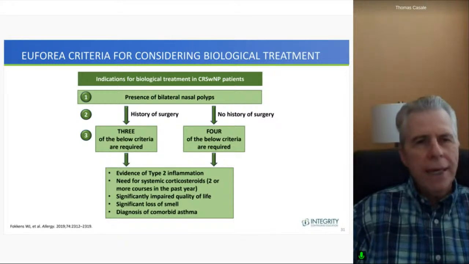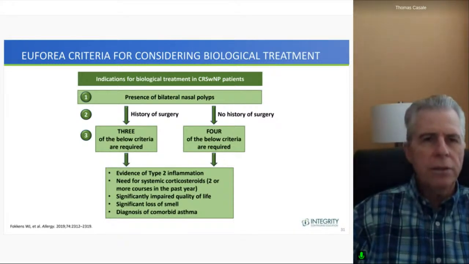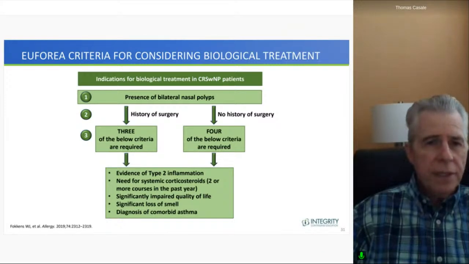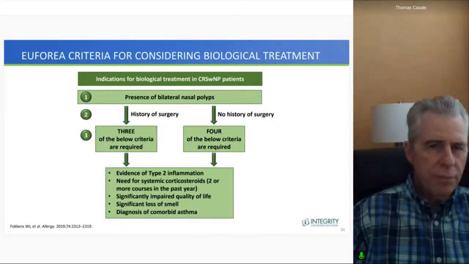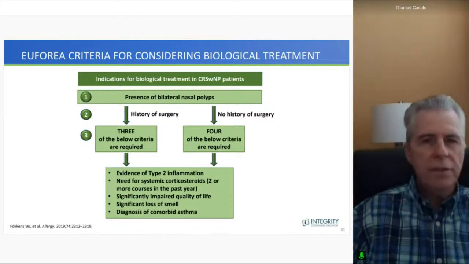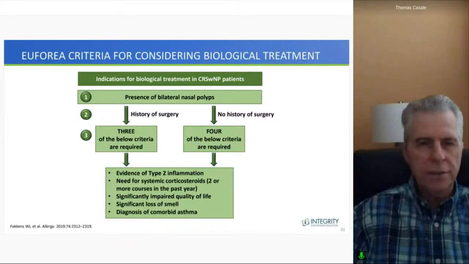So the criteria used for considering a biologic include the following: presence of bilateral nasal polyps, history of surgery. If they have, then you need 3 of the criteria listed below. If they haven't, then you need 4 of the criteria listed below.